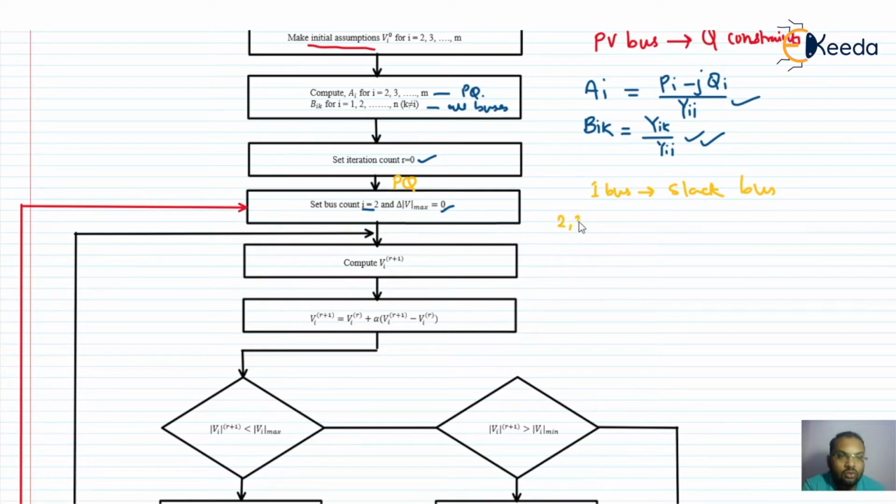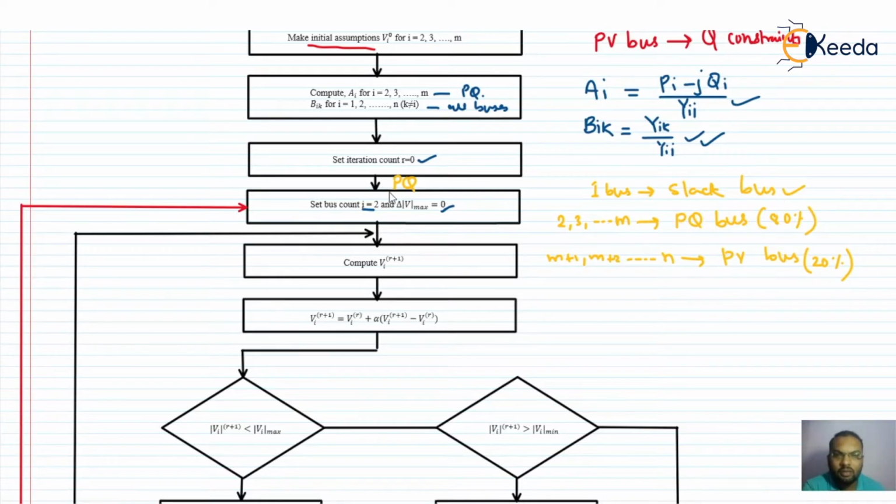Buses 2, 3 up to M are going to be the PQ buses, and M plus 1, M plus 2 up to the last bus will be the PV buses. I have told you that there are only a few PV buses, comprising roughly 20% of buses, while PQ buses comprise almost 80%. So the maximum number of buses will be of PQ type.